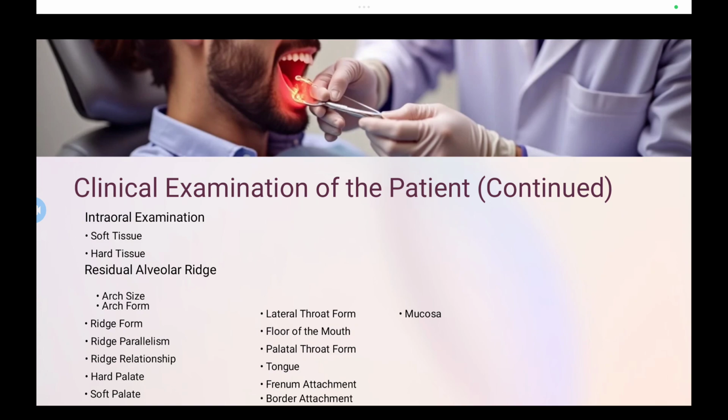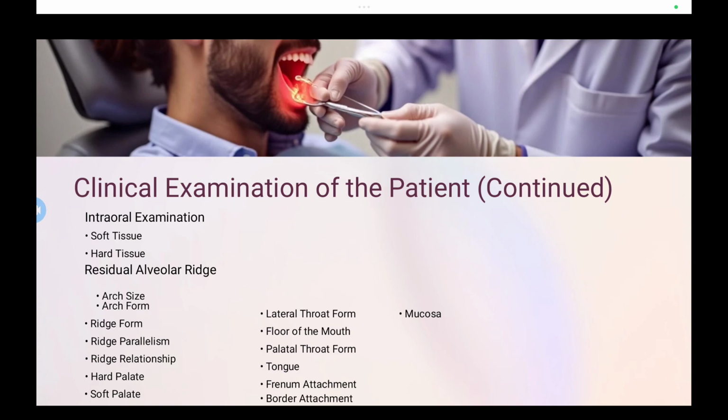Palatal throat form. According to House, class 1 is large and normal in form with a relatively immovable band of resilient tissue 5 to 12 mm distal to a line drawn across the distal edge of the tuberosities. Class 2 is medium size and normal in form with a relatively immovable resilient band of tissue 3 to 5 mm distal to a line drawn across the distal edge of the tuberosities.